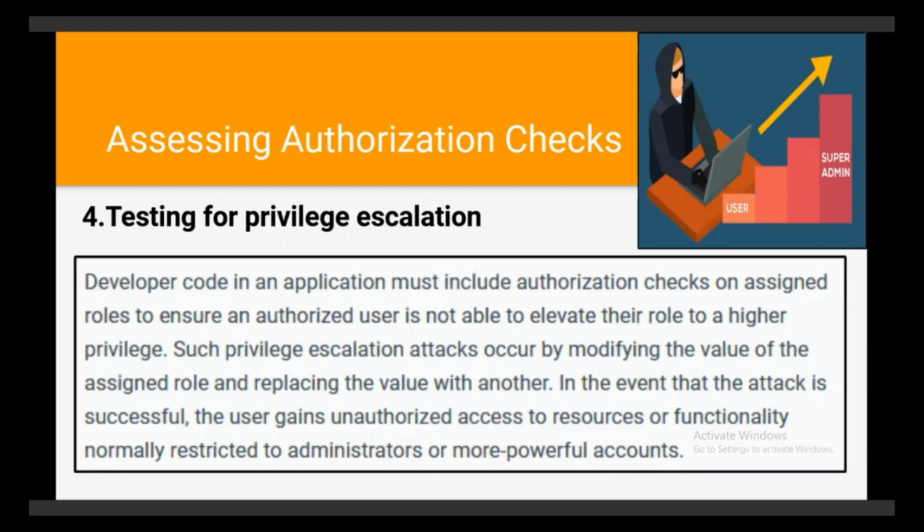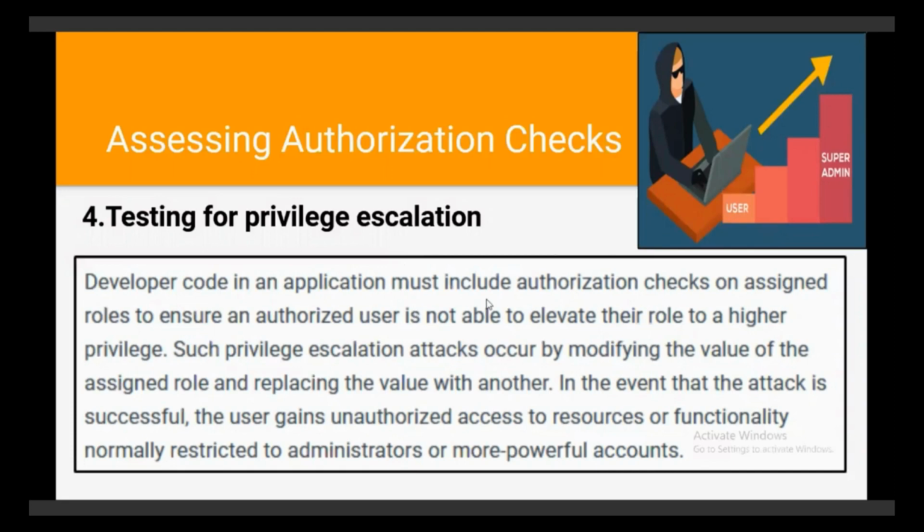Attacks occur by modifying the value of the assigned role and replacing it with another. If the attack is successful, the user gains unauthorized access to resources or functionality normally restricted to administrators or more powerful users. So in this video, we are going to discuss user privilege escalation.